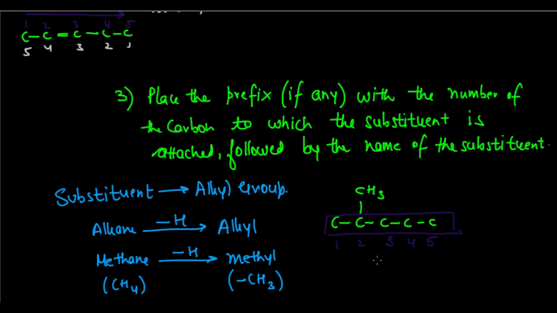How many carbon atoms are there in the parent chain? 5. So what will be my word root? My word root depends on the number of carbon atoms in my parent chain. Since there are 5 carbon atoms, it will be pent. Hence I was telling you, please remember the word roots, substituents, names and the secondary suffixes because they're important. So word root will be pent, and the substituent is attached to the second carbon. So what will be my prefix?